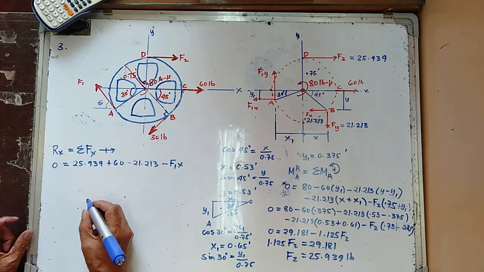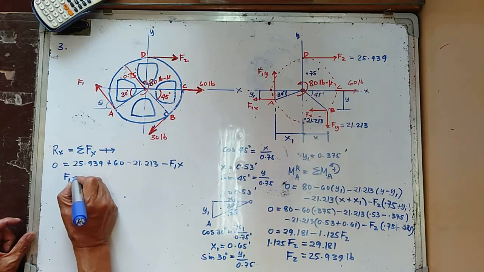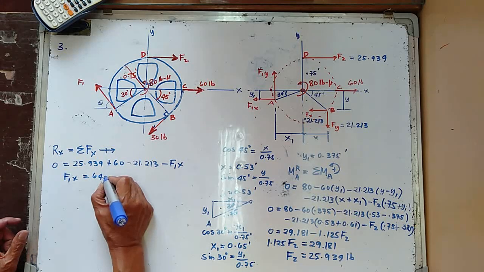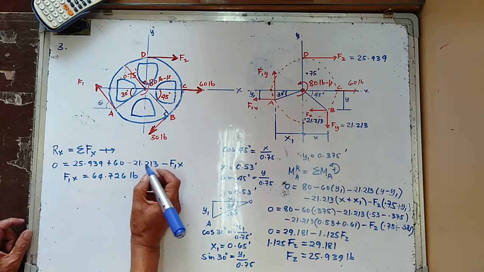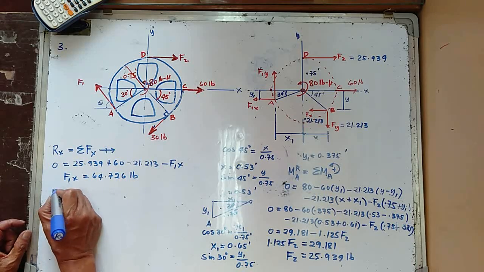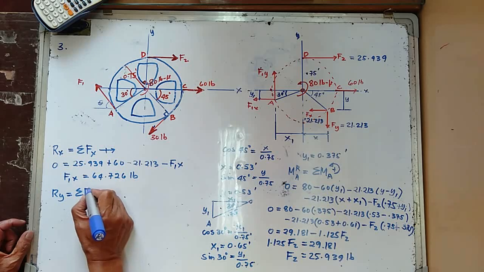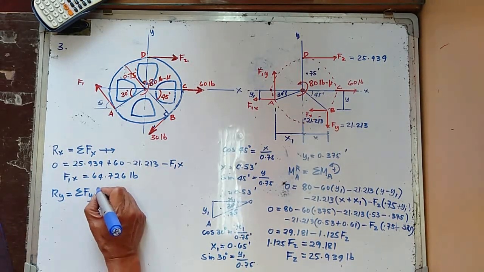Therefore, your F1x is equal to 64.726 pounds.